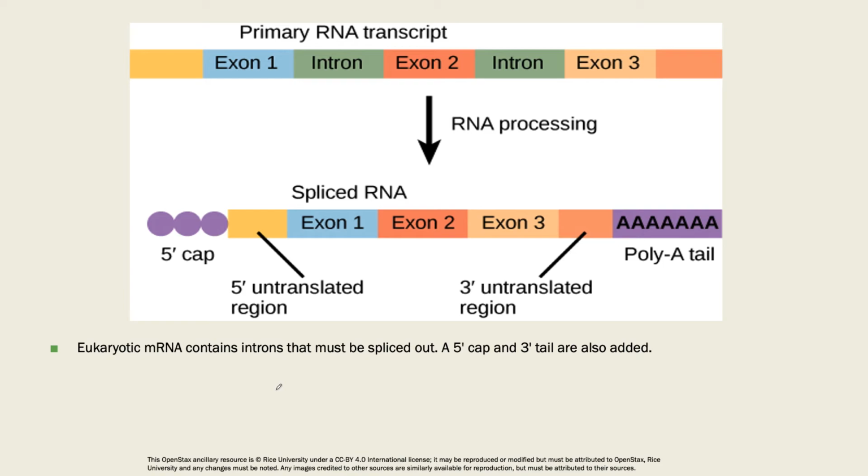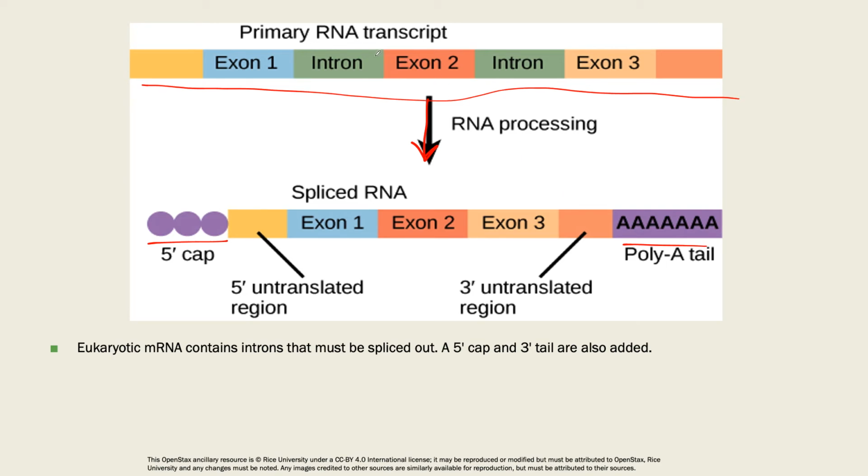So in this figure, we see the splicing occurring. Up here would represent right after transcription has occurred, and you see that we have multiple exons and introns that are present in that transcript. So in processing, we mentioned that a cap would be added, and we mentioned that we'd have this poly A tail.